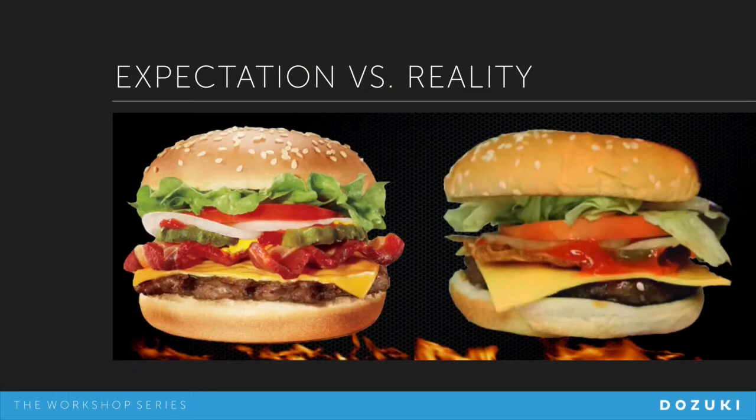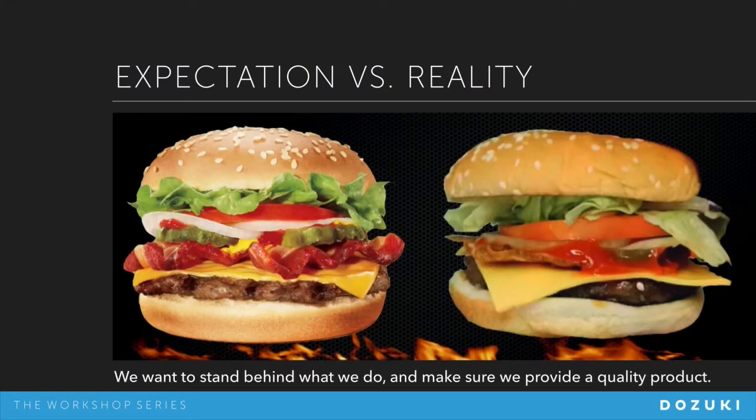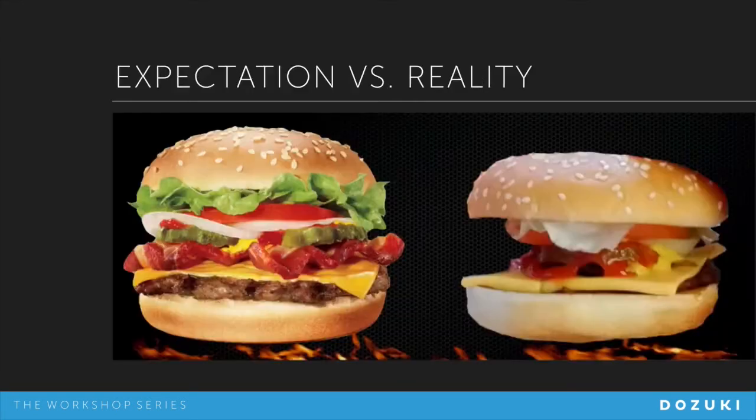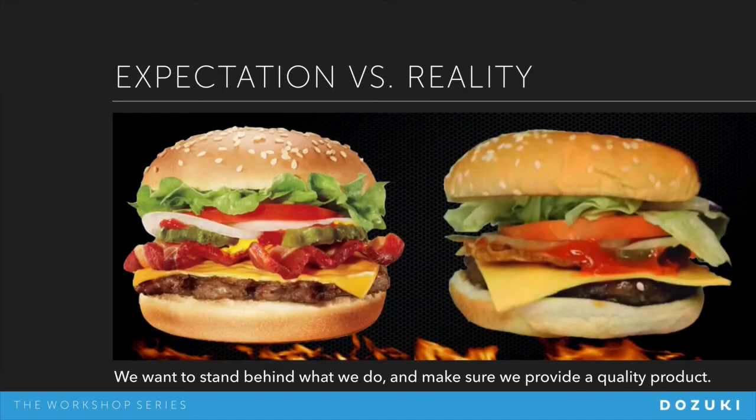So Eric, if you could show that on the next click, what we are trying to do at the end of the day is, can we go back to the previous one? And one click, yes. If we cannot get close to the ideal that you only see in advertisements, then at least we want to be proud of what we do and stand behind what we do, making sure that at the end of the day we still deliver a quality product.